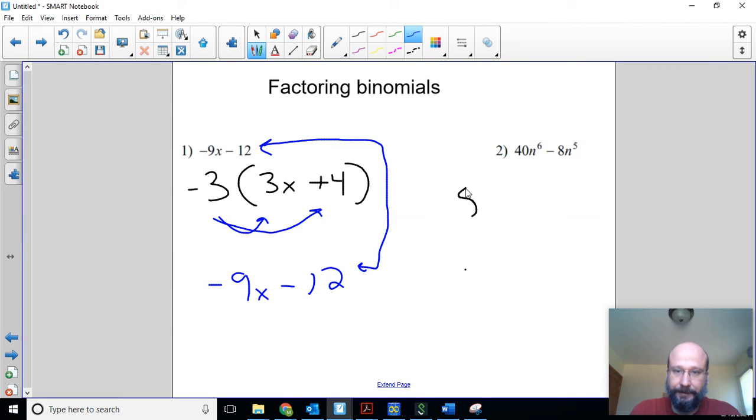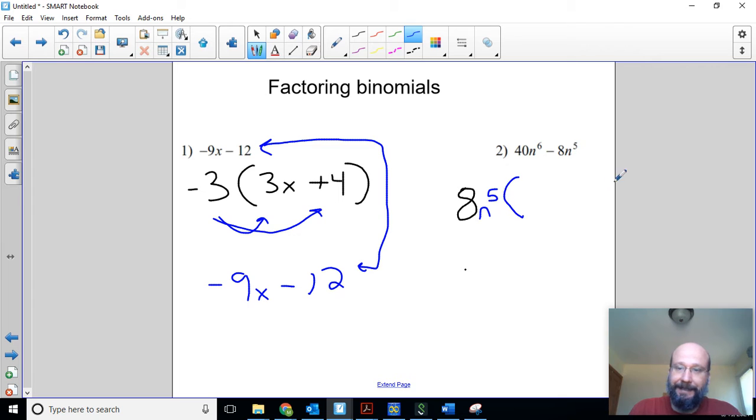So that's the number, 8. And now I'm going to look at the two variables. I have n to the 6th and n to the 5th. Since they have the same variable, we can take the smallest exponent, which in this case is n to the 5th. So the GCF of both of these terms is 8n^5.